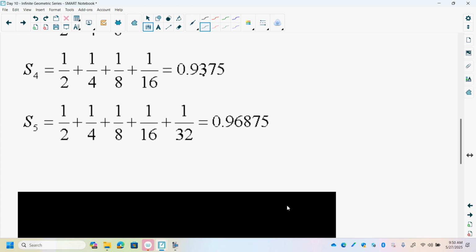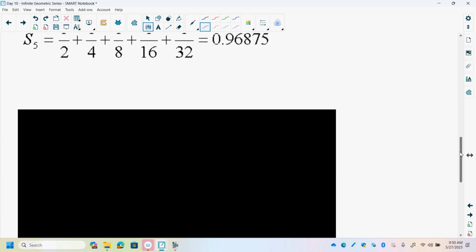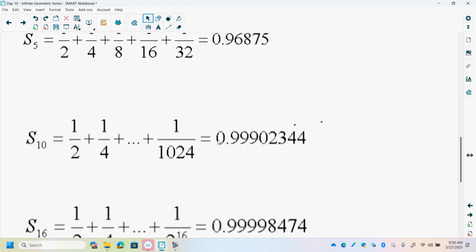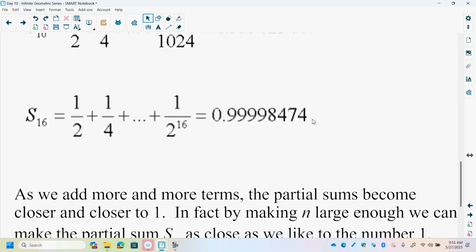I got 0.96875. Now, is it ever going to go beyond 1? No. So what do we say? Is it converging on 1 or diverging? Converging. Here's the sum of the first 10. Here's the sum of the first 16 terms. And you can see as we add more and more terms, the partial sums become closer and closer to 1.